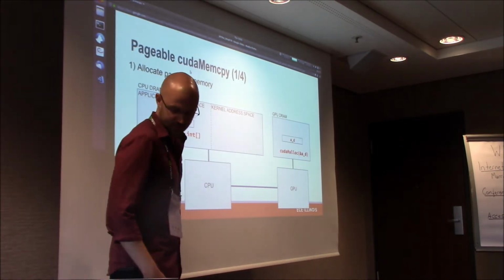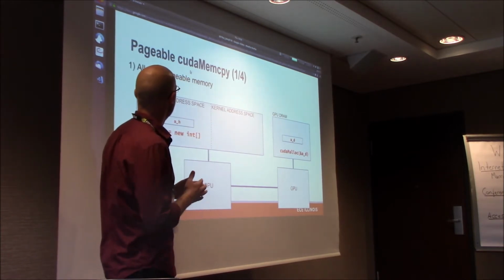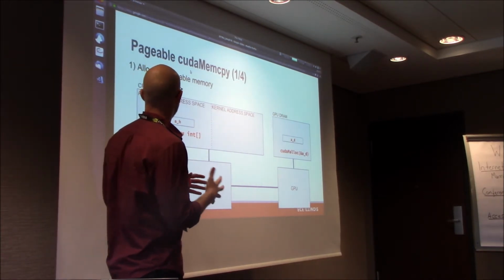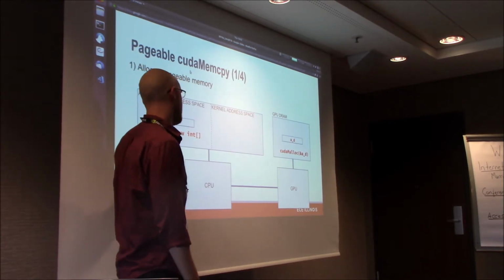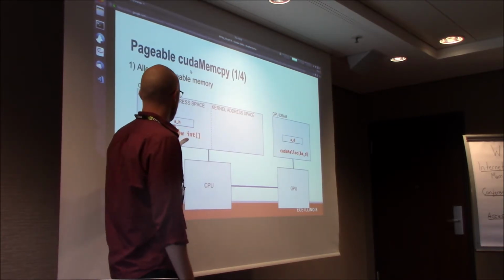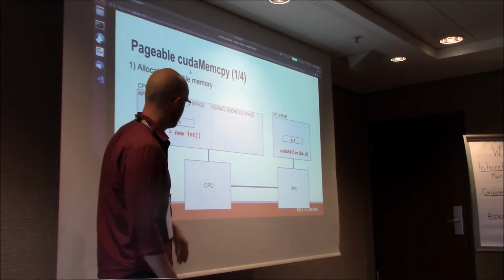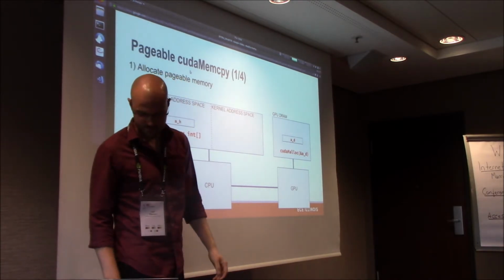And so part of the reason for this is that if we're doing an allocation from pageable memory, the way we would typically do this is we'd create some array on the host, and that's going to be in the application's address space, in the CPU memory somewhere.